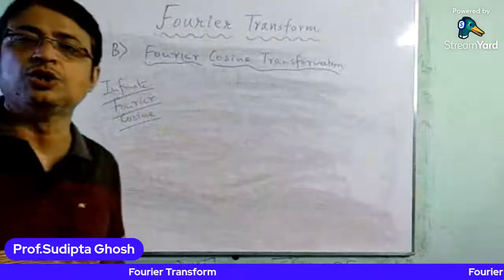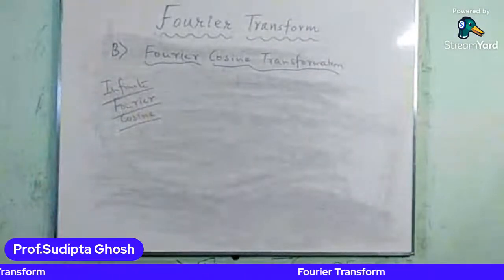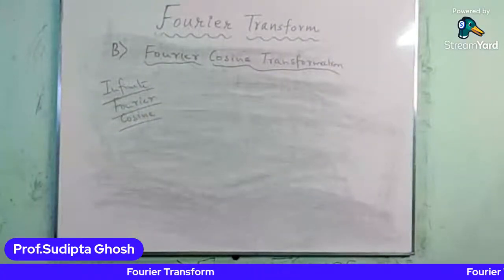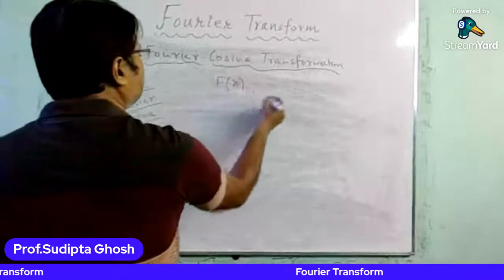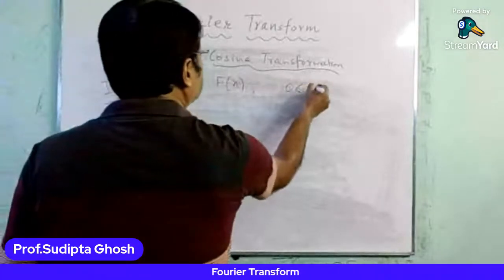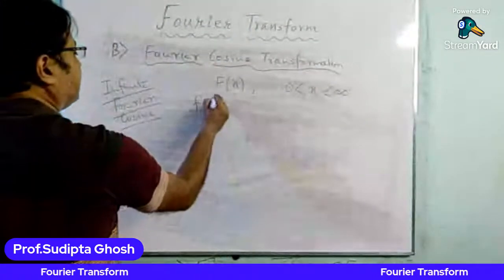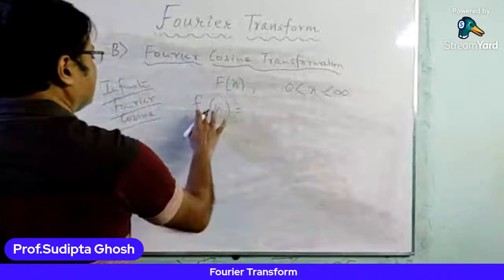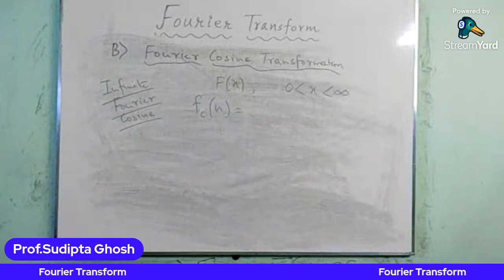So here also, if a function f of x is defined in such a manner that x lies between 0 to infinity, then the transformation is given, this is not Fs but Fc, as c is for cosine.